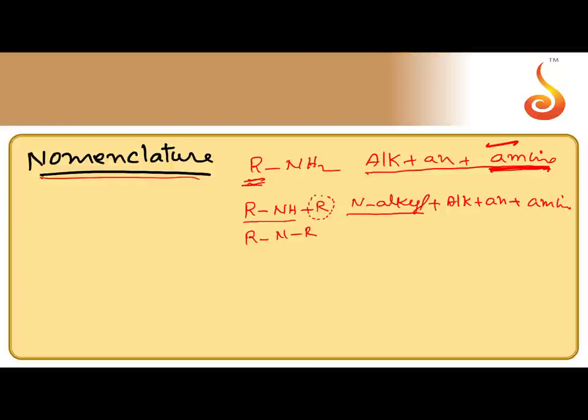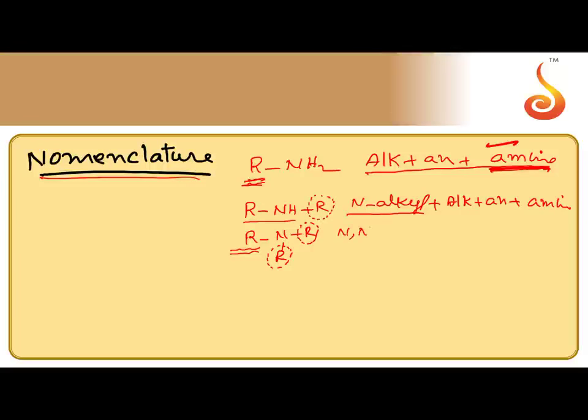If it is a 3 degree amine, same procedure. You select one as the main carbon chain among the 3 alkyl groups, the one having more carbons. The longest carbon chain holding nitrogen is taken as the parent carbon chain, and the remaining two alkyl groups are considered substituents.